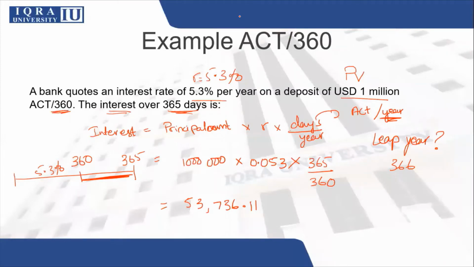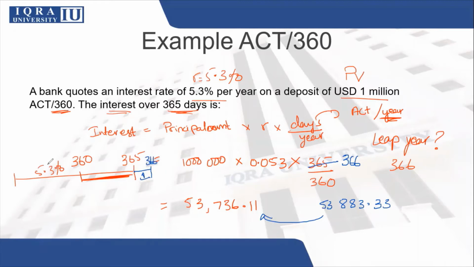So in order to do that, you simply change this from 365 to 366, which will take into account the extra one day of the leap year. And if you calculate this once again, your answer will come to 53883.33. So you can see that it is a bit higher than this amount, because you're getting interest for that one extra day as well.